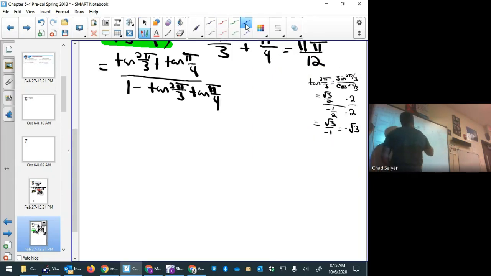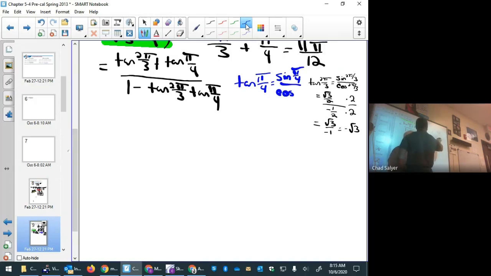Now let's talk about the tangent of pi over 4. So, as Riley says, that's the sine over the cosine. And Bristol, tell me what the sine of pi over 4 is.